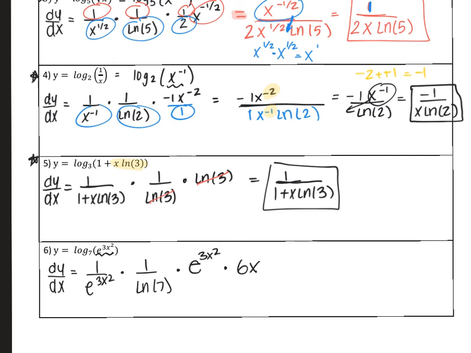So remember, you need a couple of steps for this one. And if you notice, these tops with this bottom will cancel. So my final answer on top is just 6x, and my answer on bottom is just ln of 7. And that is my final answer.